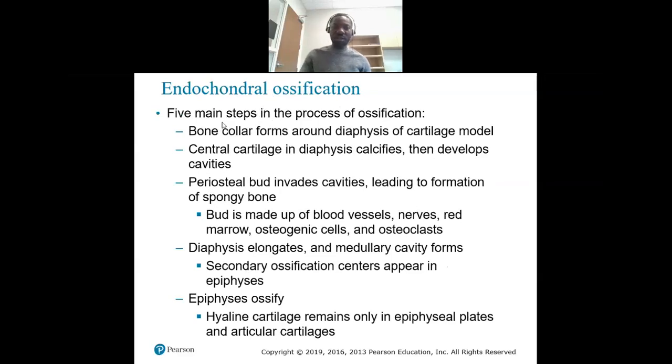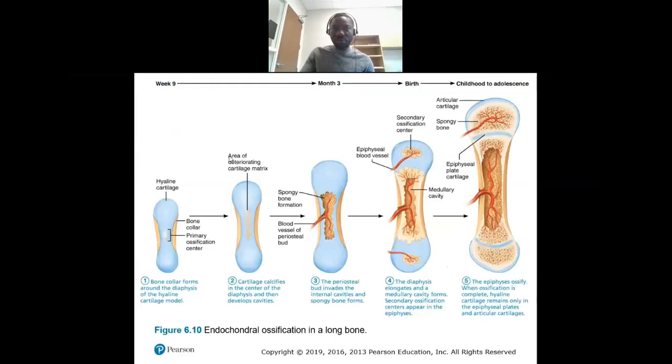Now, let's look at the steps involved in bone formation. We'll look at the stages, and then we go ahead and look at endochondral bone formation. Now, if you look at this, the first thing is that there is an existing cartilage. Like I said, the cartilage is formed from mesenchymal cells as well, so it has the same origin as the bone cells.